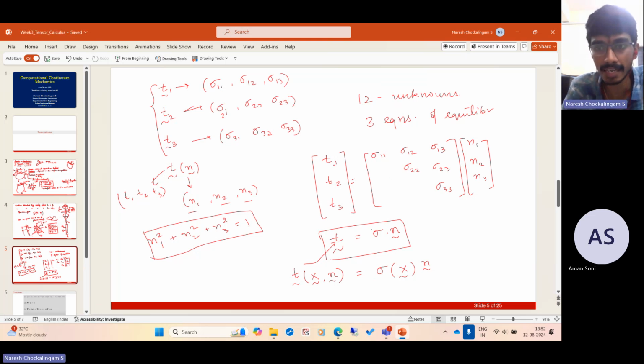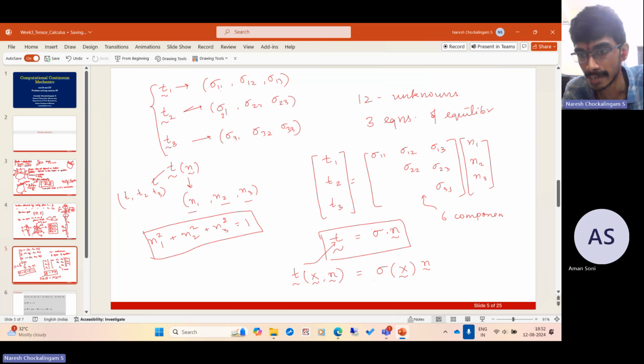So this gives us a relationship to find the traction on any specified plane with normal n, given the stress at that point. Now, the stress at a given point is not infinite amount of information, unlike the traction. So this has got only 9 components, and with symmetry, it is only 6 components.